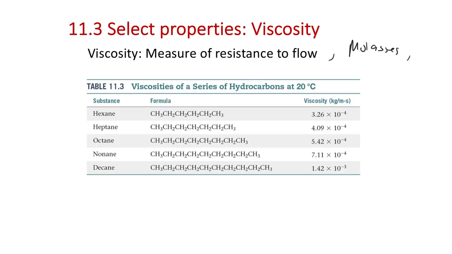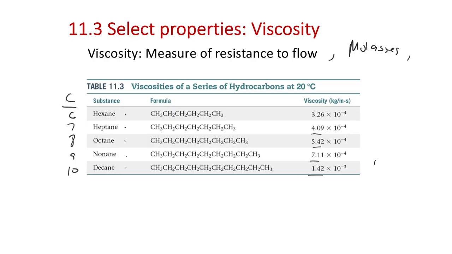If you look at the comparison between hydrocarbons, hexane, heptane, octane, nonane, decane, as you go to a longer chain hydrocarbon, the carbon count going from 6 to 7, 8, 9 to 10, your viscosity is going up. Our viscosity goes from 3.26 times 10 to the minus 4 to 4.09, 5.42, and all the way up to 1.42 times 10 to the minus 3.